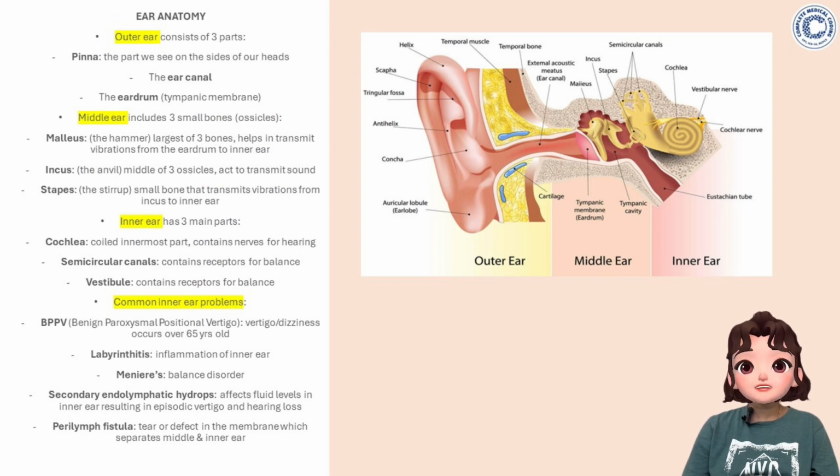Then perilymph fistula: a tear or defect in the membrane that can separate the inner ear and middle ear. That condition is called perilymph fistula.